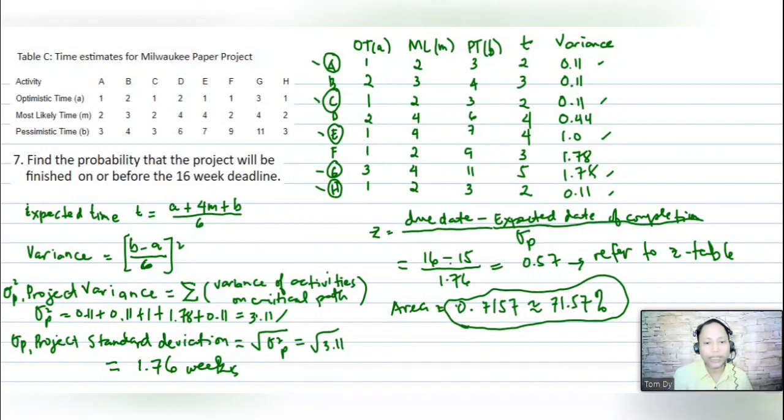Our due date is 16, and our expected date using the critical path is 15, so the value is 0.57. After we find the z value, we refer to the z table to find the area, and that area is our probability. Again, that is all about the project evaluation and review technique.